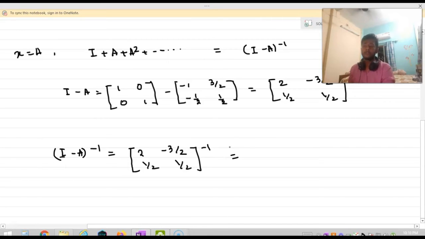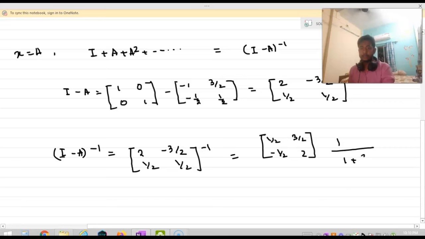To find the adjoint of a 2 cross 2 matrix, we just exchange the elements of the principal diagonal, so 2 with 1 by 2 and 1 by 2 with 2, and change the sign of the other diagonal, that is 3 by 2 and minus half. This is our adjoint, and we need to divide it by its determinant, that is 2 into 1 by 2, which is 1, minus (minus 3 by 2 times 1 by 2), that is 3 by 4.